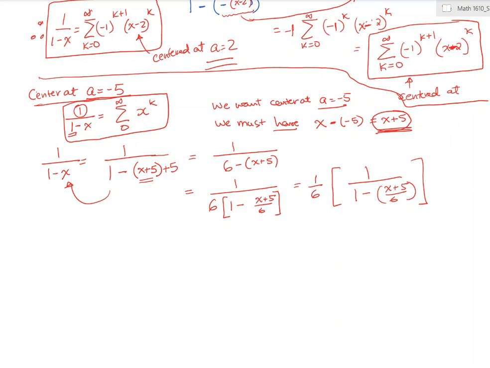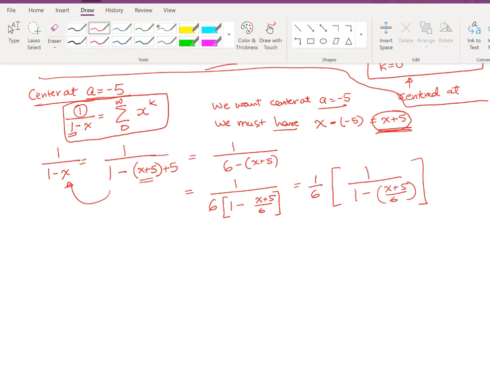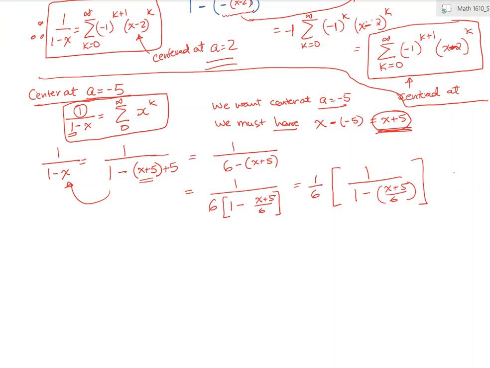So now look at the similarity between this and 1 over 1 minus x is summation x to the power k. So when I have x, it goes to x to the power k. Now I have this. So that means 1/6 summation x to the power k. But instead of x, now I have this.